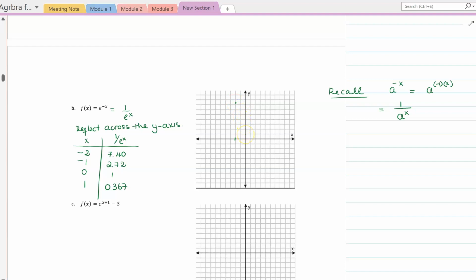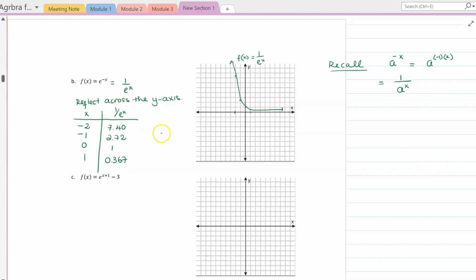Negative 1 goes to closer to 3. Zero, 1, and 1 is 0.3. So this is the graph of f(x) = 1 over e^x. Here we have the domain of all real numbers and the range again of 0 to infinity.